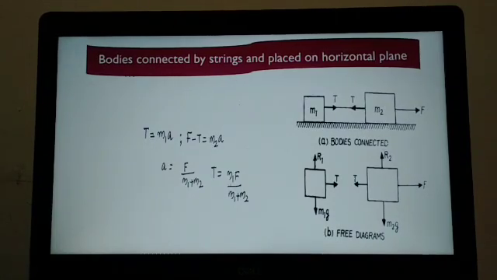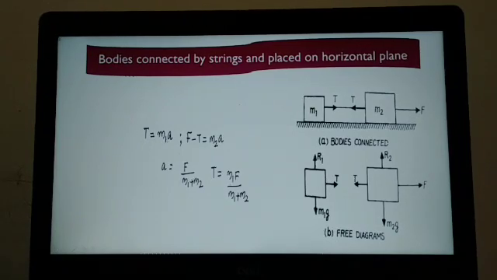The system as a whole, due to the force F, is moving towards the right. So T is the only force responsible for the motion of m1. So the first equation you can write is T is equal to m1a. That is the first equation that we have written here, T is equal to m1a.